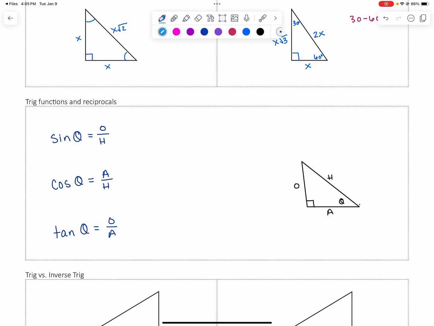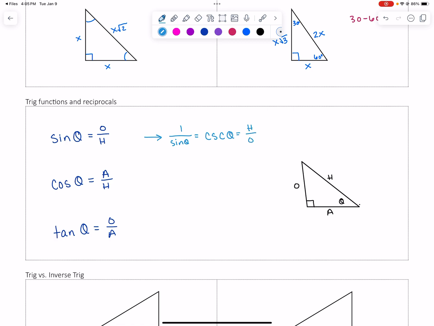And then, of course, you also have the reciprocals. The reciprocal of sine theta, or 1 over sine theta, is equal to cosecant theta, which is hypotenuse over opposite. Sorry, the reciprocal, I shouldn't say opposite.